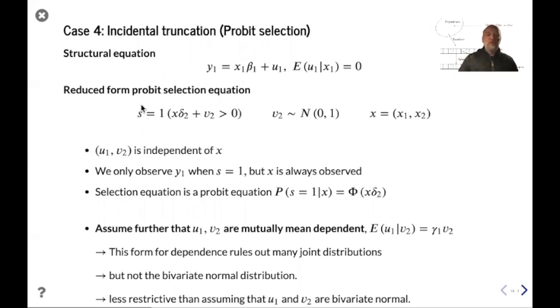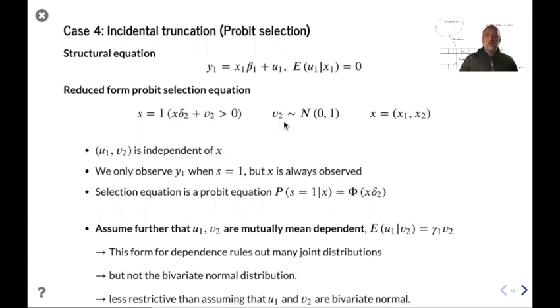What we have is that we observe basically y1 only in the case where the selection indicator s here is equal to 1. Okay, so here let's just dwell a little bit on this selection equation. Now we can assume that the selection is equal to 1 whenever x delta 2 plus v2 is positive.